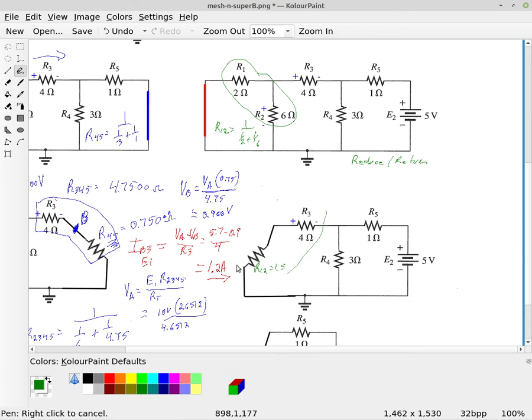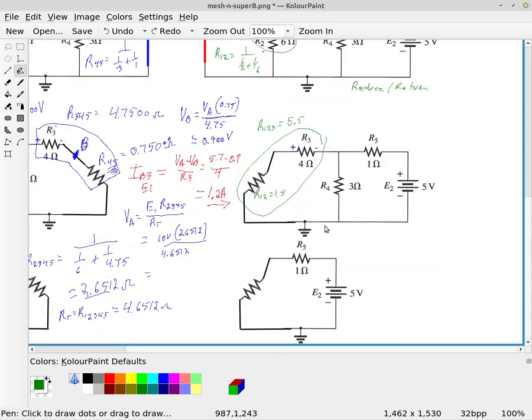Then we take these two, which are in series, which will give me R123, which is 5.5. Now those are in parallel with R4. So we get here this resistor, R1234, which is the parallel combination of R4 with R123.